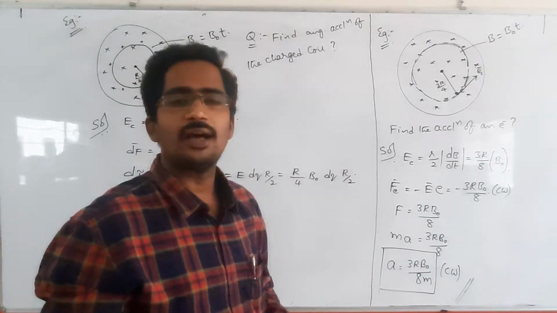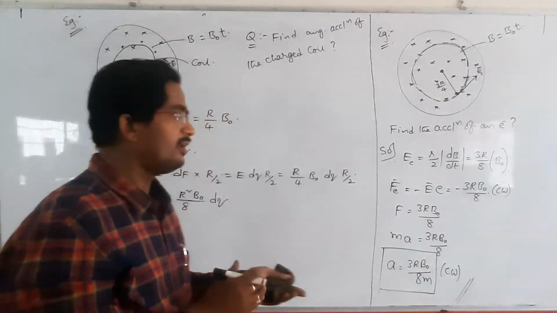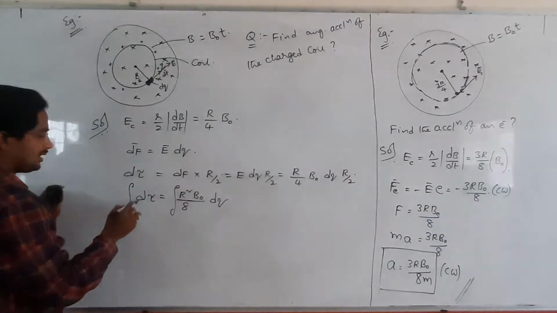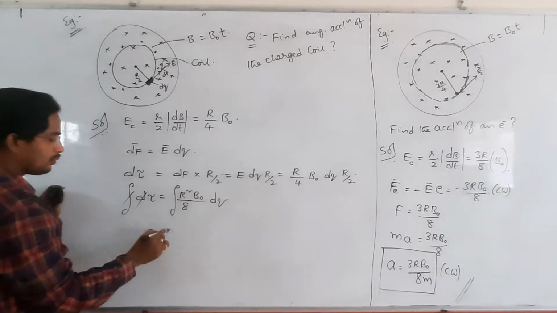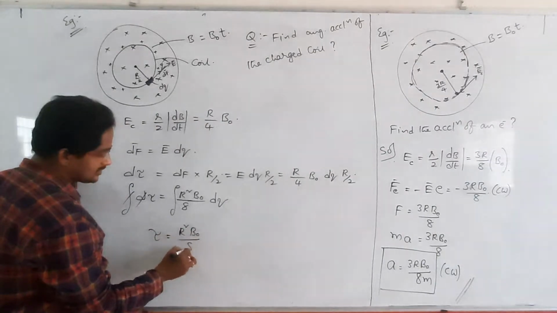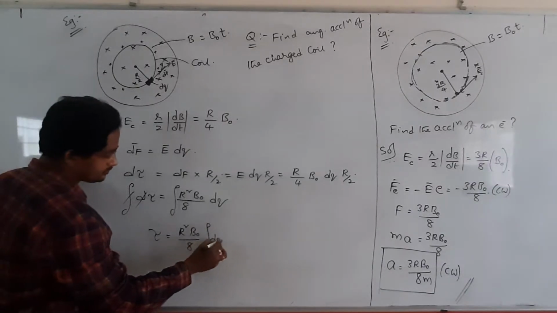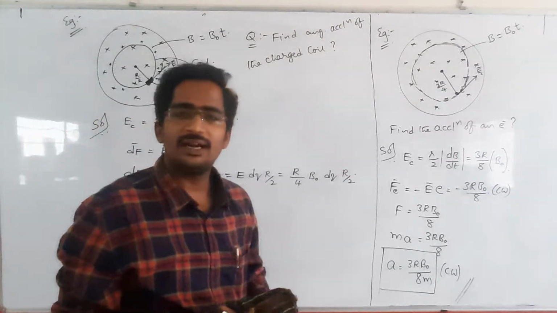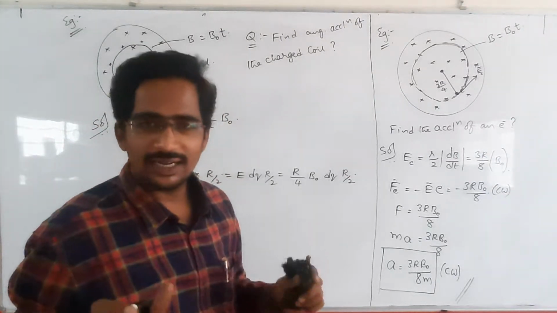But we want to get the torque acting on the whole coil. For that I am integrating this. Then total torque equals R square B naught by 8 integral dq. What is integral dq? Nothing but the total charge of the coil, that is q only.